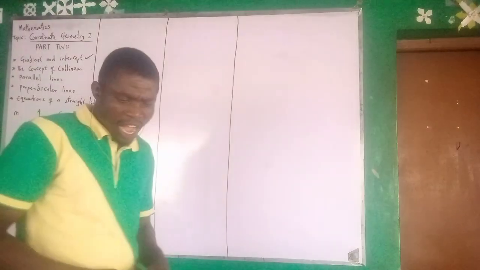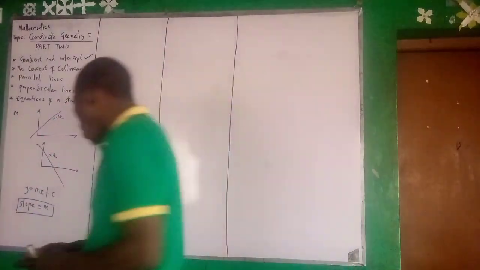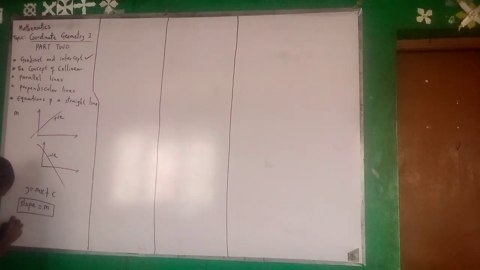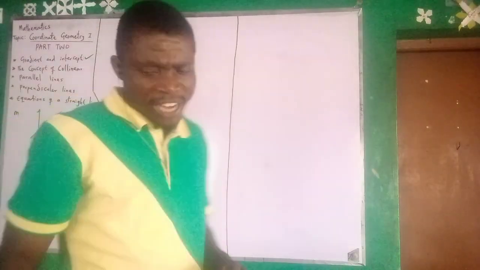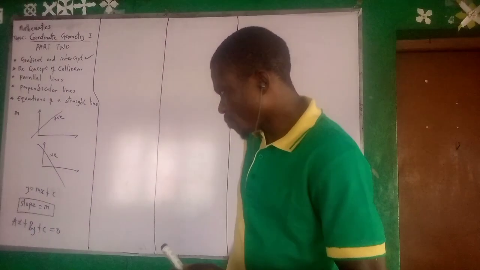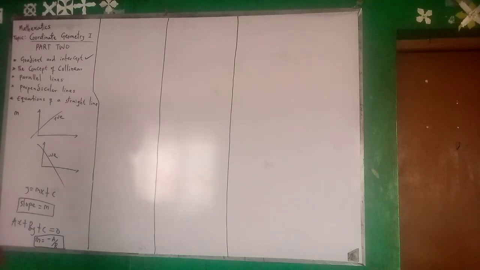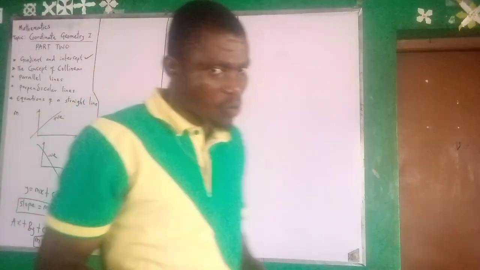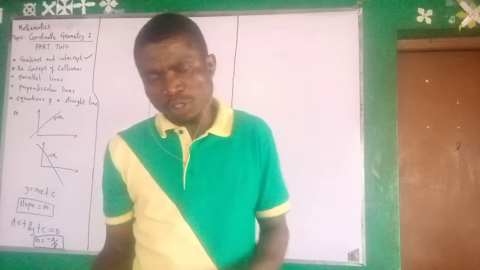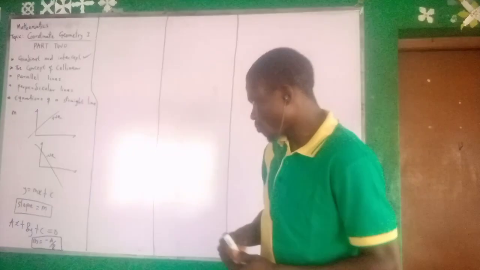Sometimes they will give you an equation of the form ax + by + c = 0 and expect you to find the slope. In this case, slope m becomes minus a over b, where a is the coefficient of x in that equation and b is the coefficient of y.